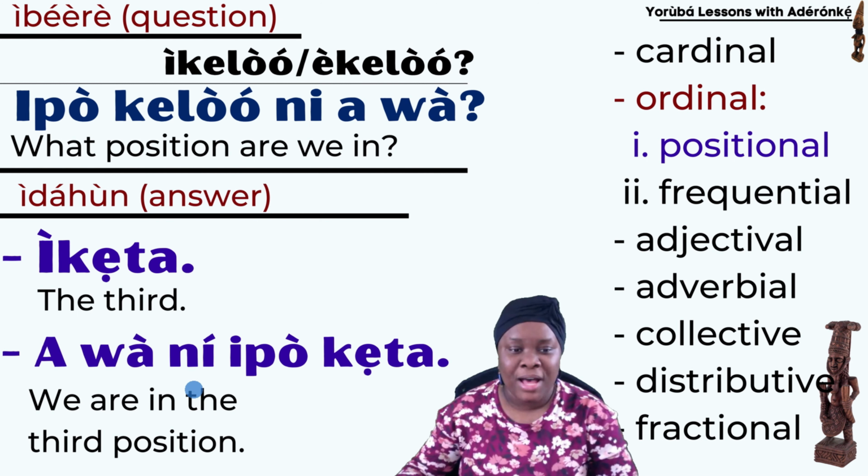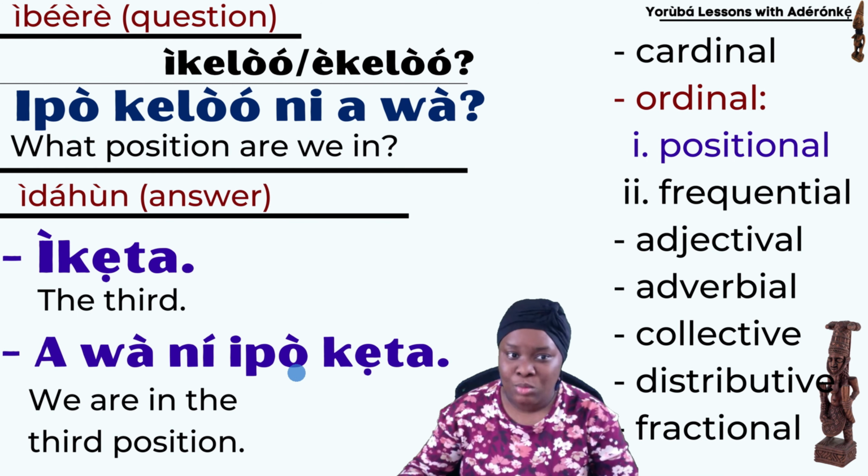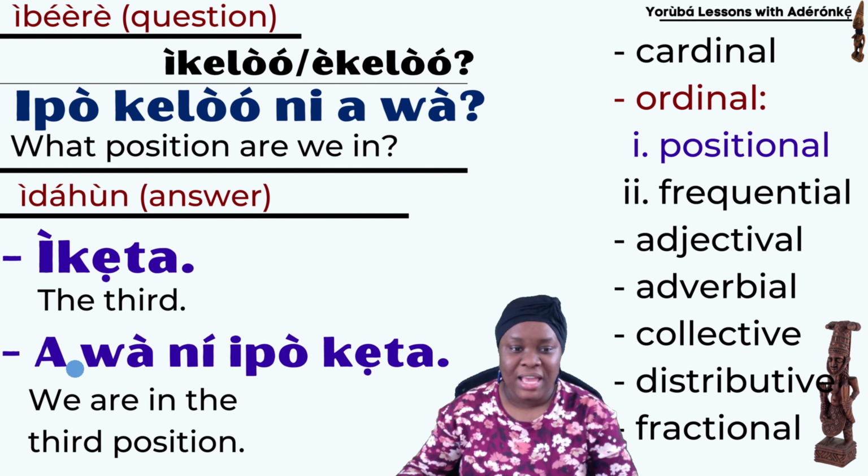But if you want to use kẹta after a noun, ipò is a noun. Ipò is position, state. If you want to use it after a noun, you have to say kẹta instead, not ìkẹta. Ìkẹta can't come after a noun. So you would say a wà ní ipò kẹta.